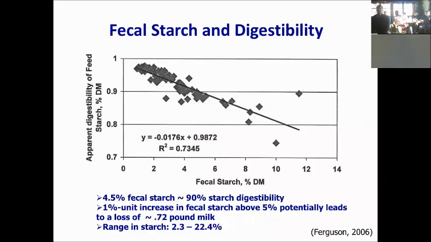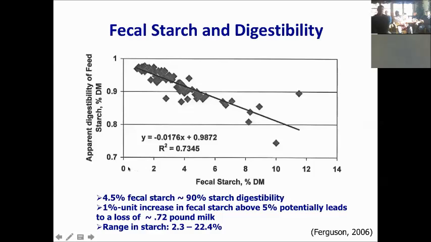Now, one of the things that a lot of people have been doing recently is looking at fecal starches to help assess what's happening within the diet relative to starch digestibility. This is some early work by Jimmy Ferguson at the University of Pennsylvania. Randy Shaver also has a more recent data set, but I'm going to show you Jimmy's here.